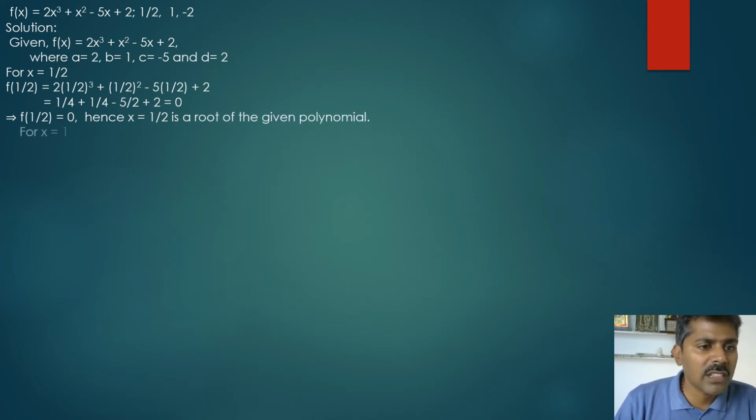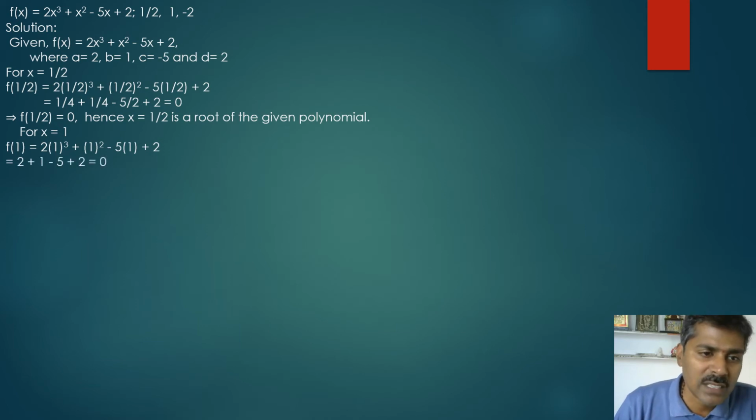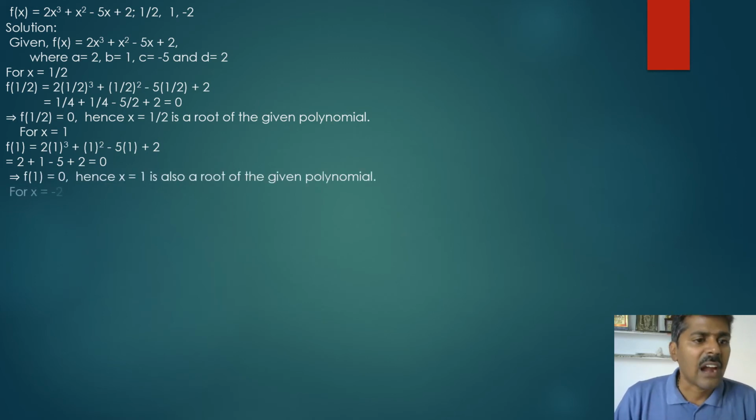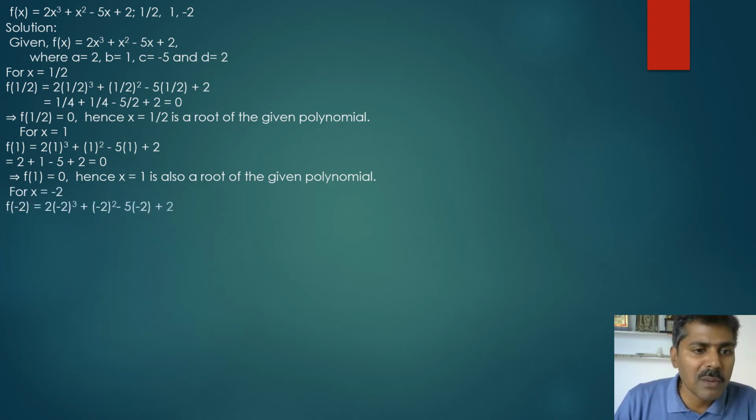Similarly, I will go with x equal to 1. I will substitute 1 in the place of x. That results in the expression 2 plus 1 minus 5 plus 2, which results in 0. So f of 1 is equal to 0, hence x equal to 1 is also a root of the given polynomial. And finally I have to check for minus 2. f of minus 2 will be 2 into minus 2 whole cube plus minus 2 whole square minus 5 of minus 2 plus 2.